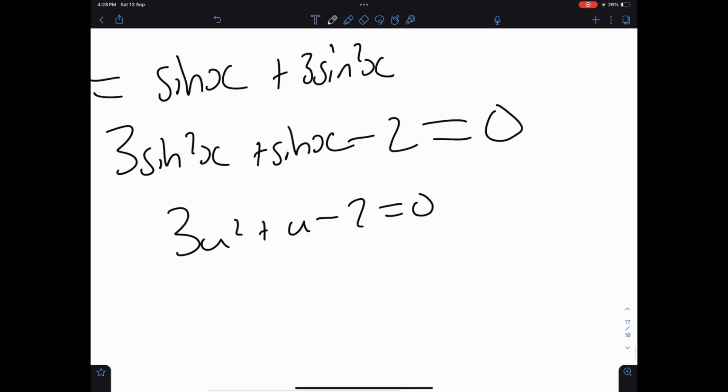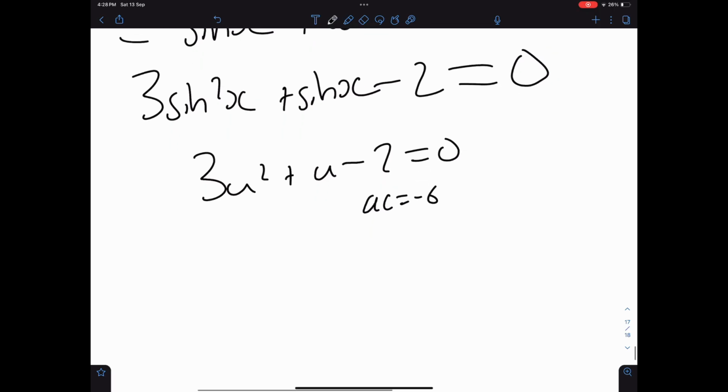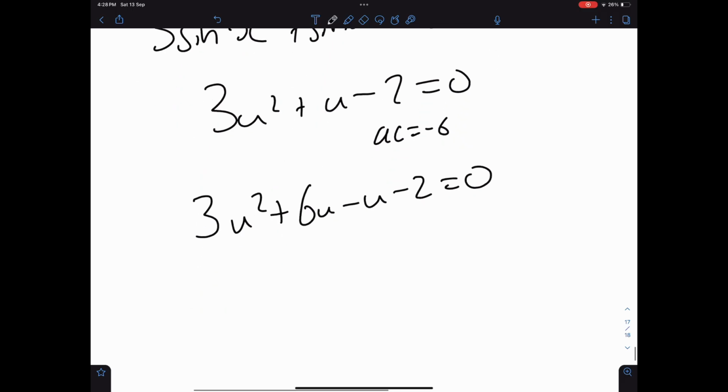Then you'd factorise it, because then you'd do the AC equals minus 6, and you'd figure it out. I'm not going to do all the lines of working, just to save some time here. I know it's going to be like this. And then this will just end up as u plus 2, 3u minus 1.